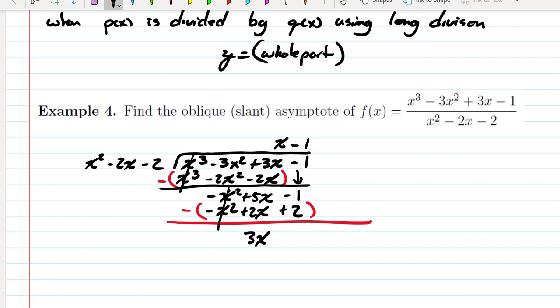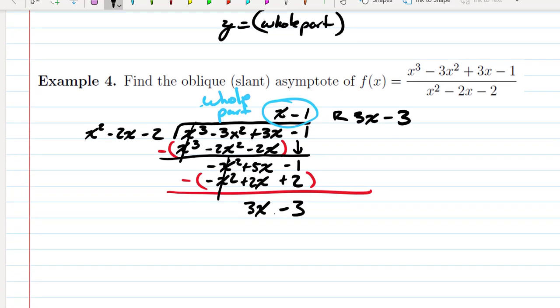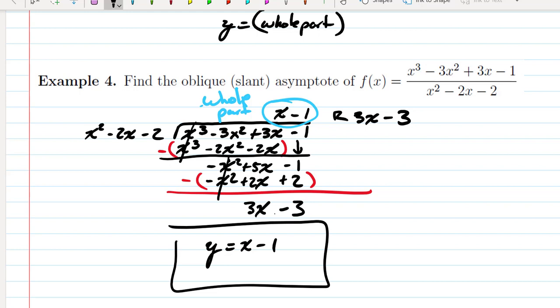Negative 1 minus a positive 2 is negative 3. And now x squared no longer divides into x, so my remainder is 3x minus 3. So my whole part is this, and my answer is y equals x minus 1. And that is going to be my slant or oblique asymptote.